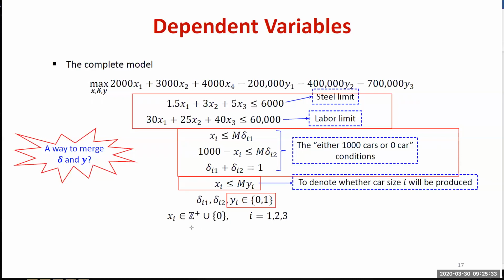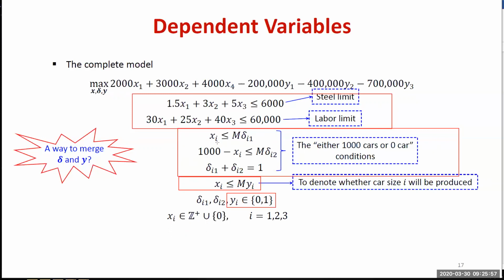Then let me ask you a question. Here I have delta. Here I have y. Is there a way I can actually merge delta and y? Any ideas here? Again, what does this delta i1, delta i2 mean? This means, well, you are going to make a choice whether xi is going to be 0 or not, right?